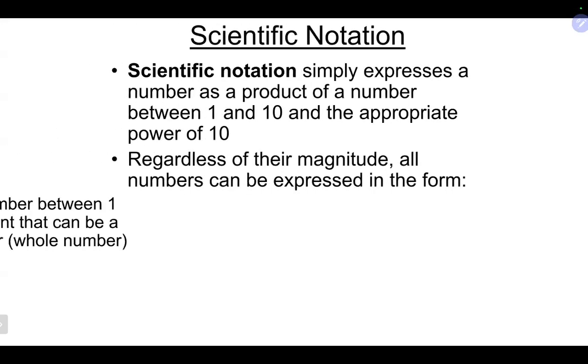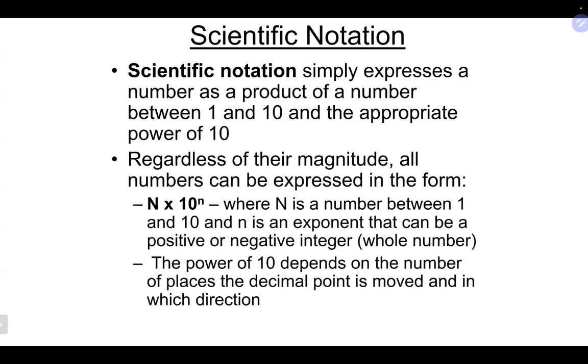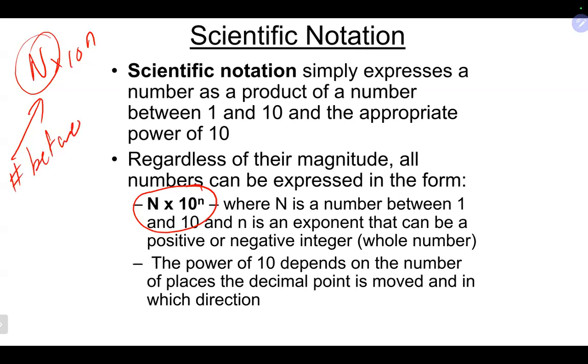Scientific notation has a general format that we follow, and it is this one right here. It is N times 10 to the n. First off, this first N is a number between 1 and 10. That means it needs to be a number between 1 and 10.